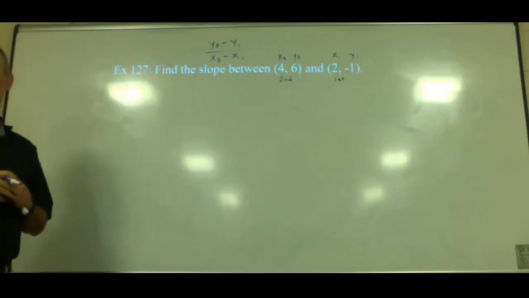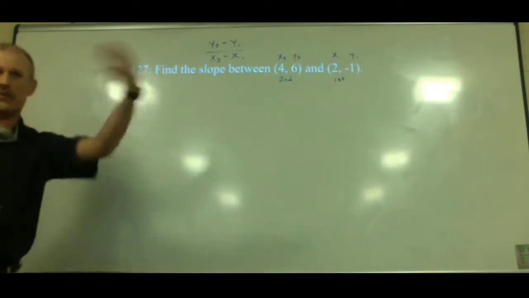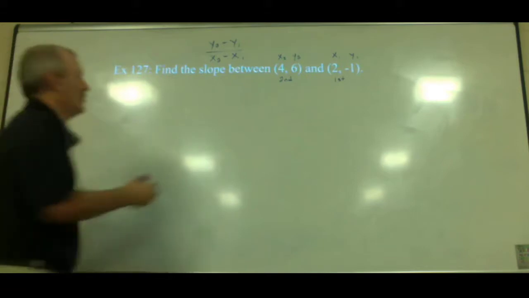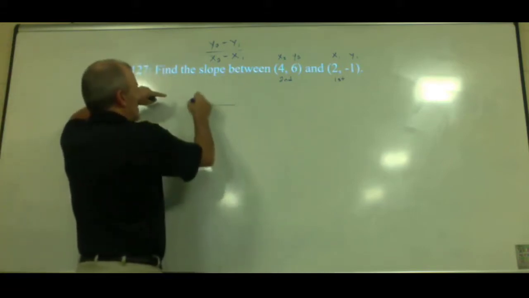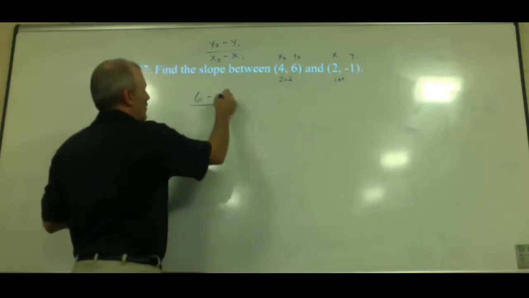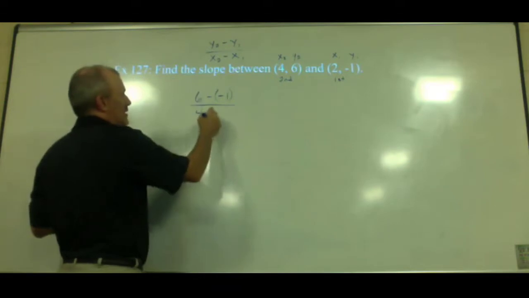So it's 6. And again, if you don't choose it that way, it's not a big deal. If you always want to make the first one the first and the next one the second, that's fine too. It'll still work out. So according to our formula, y2 is 6 minus y1, -1, and on the bottom, 4 minus 2.